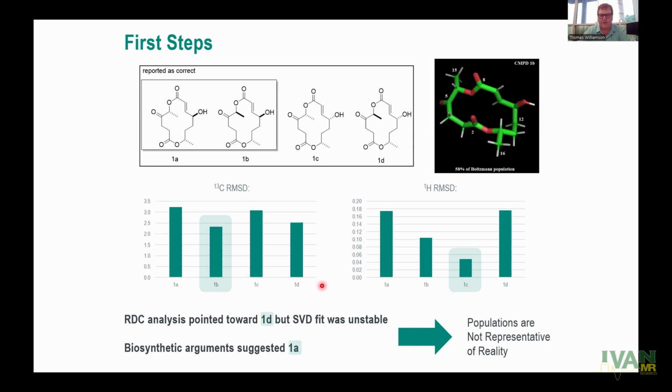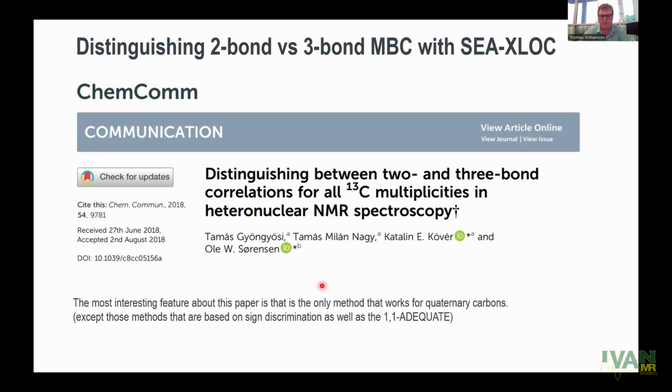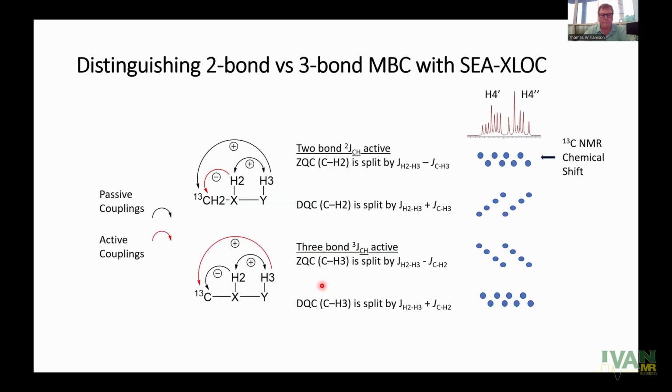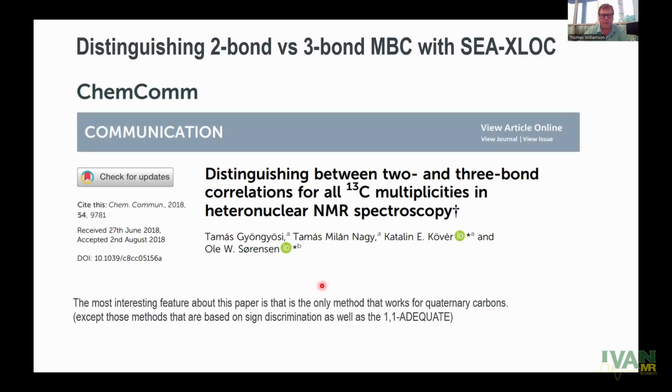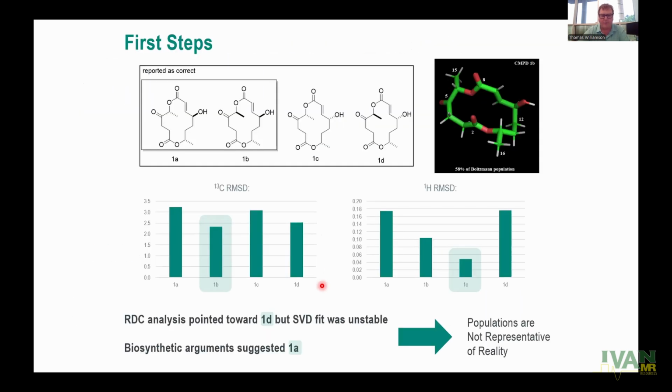So we decided to take an approach where we would use our scalar coupling constants as a filter, basically a J-sampling type approach, where we would use the scalar coupling constants to constrain or restrain our selection process for our conformational analysis.